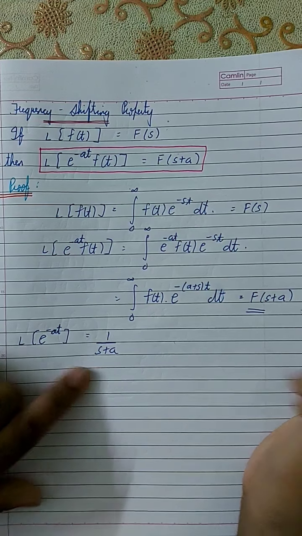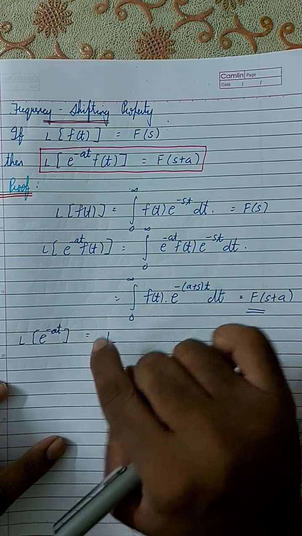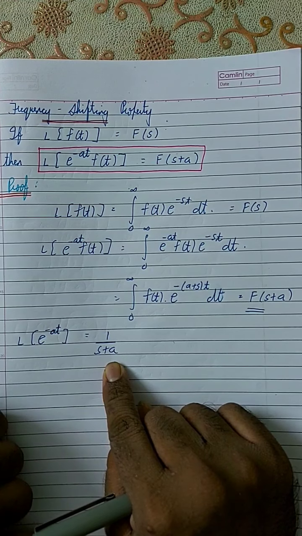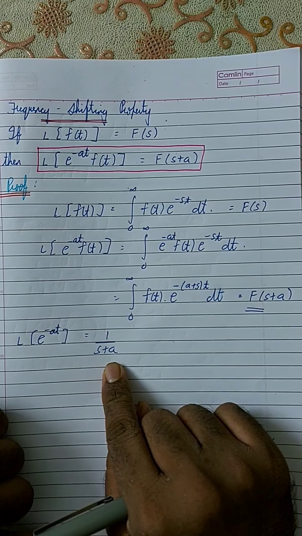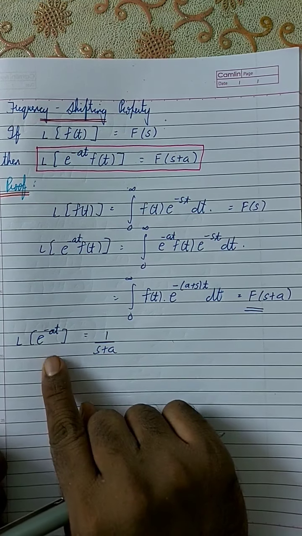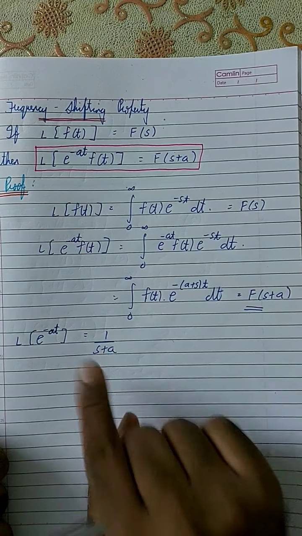I'll just show you how. You got this by deriving the actual formula, the integral from 0 to infinity of f of t e raised to minus st dt. There you substitute f of t as e raised to minus at, and that's how you found this value.